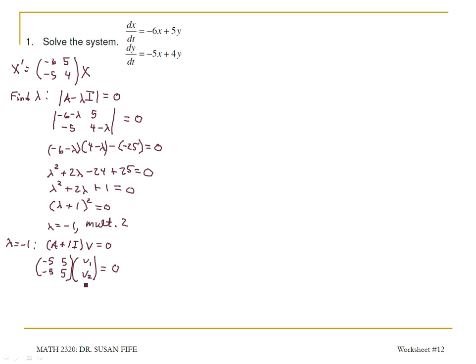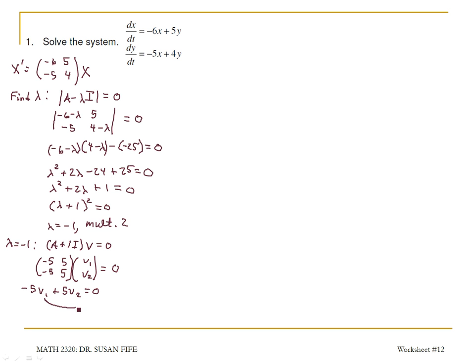So notice that both of these rows give me the same equation, -5 v1 plus 5 v2 equals 0, and my second row gives me the same thing, -5 v1 plus 5 v2 equals 0.